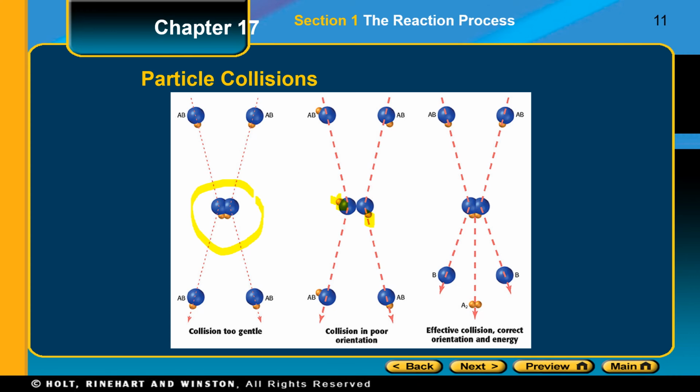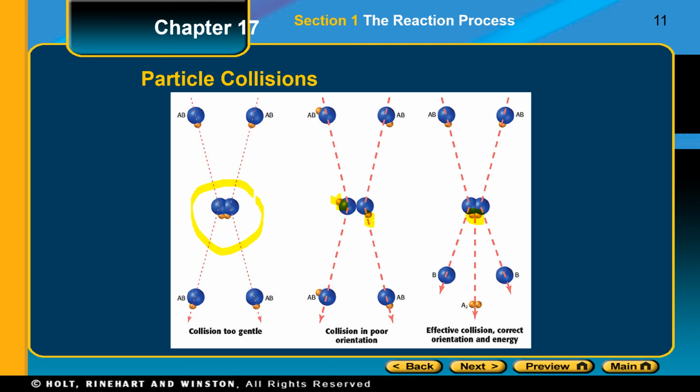Over on the right, where we have both things going for us. They're moving fast enough to collide to allow them to react, and these two that apparently need to be right next to each other are oriented in such a way that their electron clouds, their valence electrons, can actually interact with each other and bond to each other.